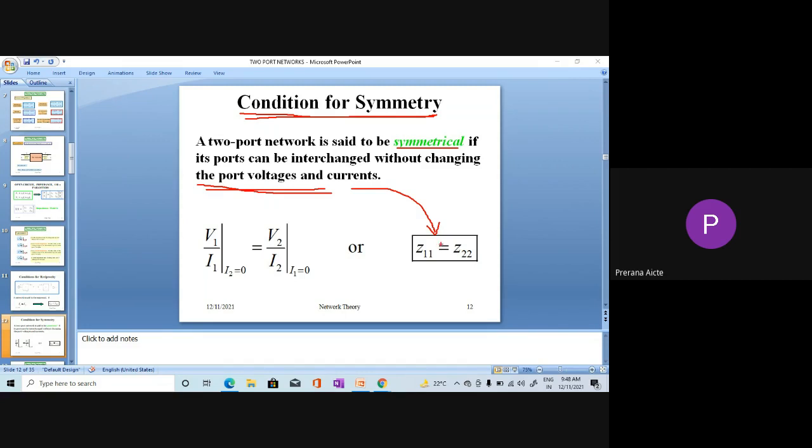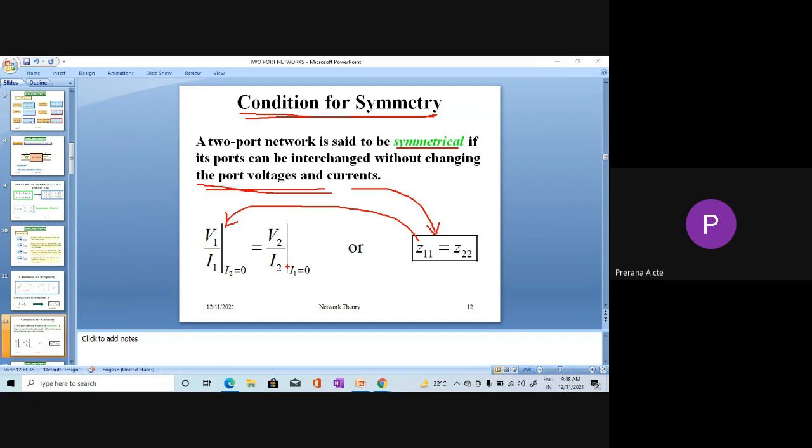How are you going to find out Z11 and Z22? Based on your two-port network equations. Z is impedance, Z is equal to V by I. So Z11 is V1 by I1, and Z22 is V2 by I2. These are the conditions for your symmetry.